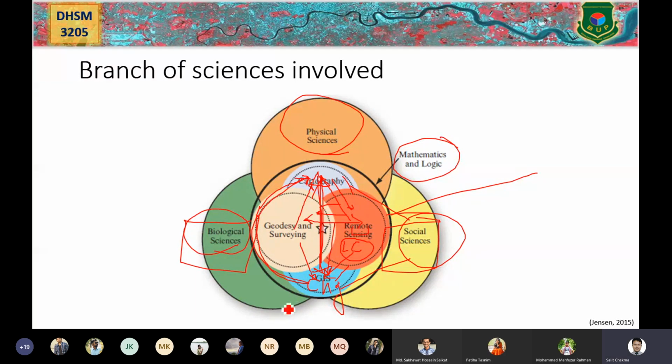And then you are talking about how the changes in land cover are influencing the environment, then you are bringing in the environmental sciences. Okay, so environmental sciences is in many ways part of biological sciences as well, but it's also one of the major fields of study where GIS and remote sensing are highly used.